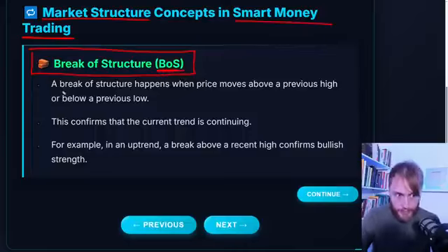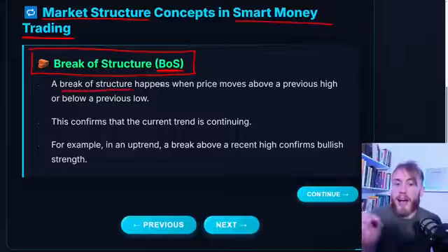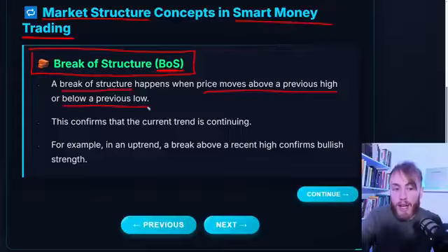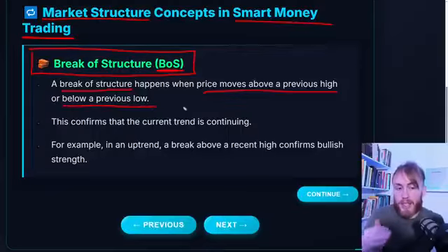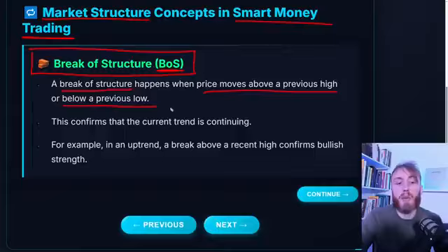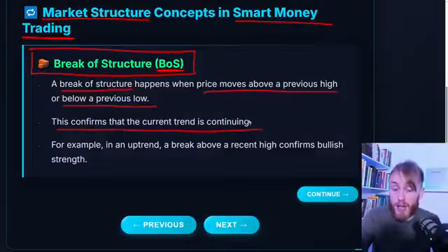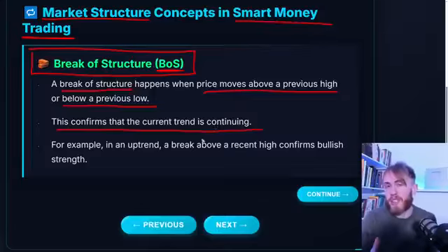Well, a break of structure happens when price moves above a previous high or below a previous low. So it can happen in both uptrends and downtrends. And what a break of structure does is that it confirms that the current trend is continuing. So this is a very important sort of continuation signal when it comes to market structure.